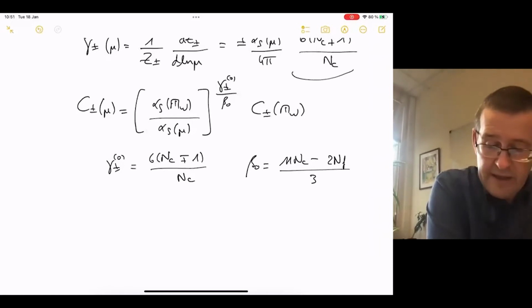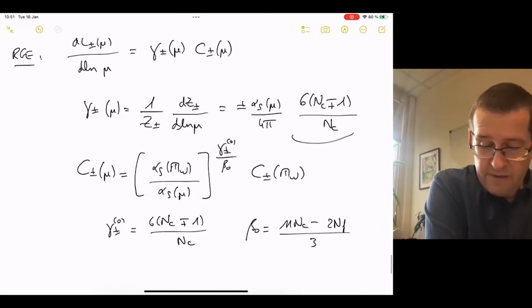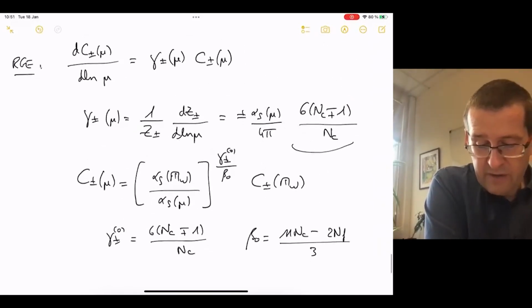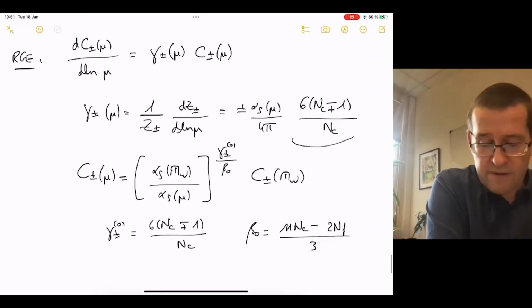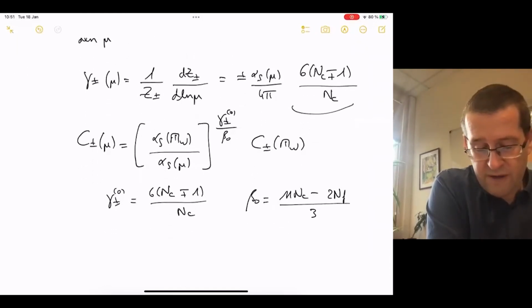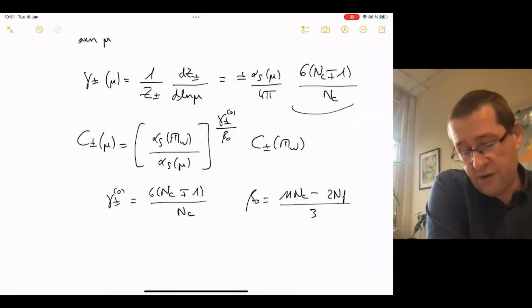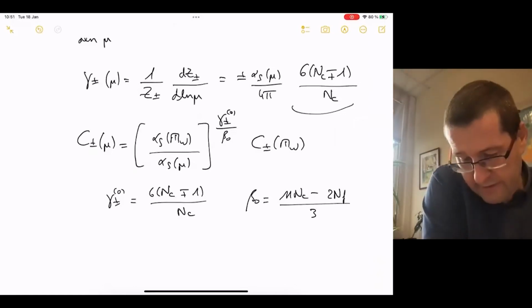So that means that now you've got an expression, so you can compute the value of C1 and C2 at any scale.